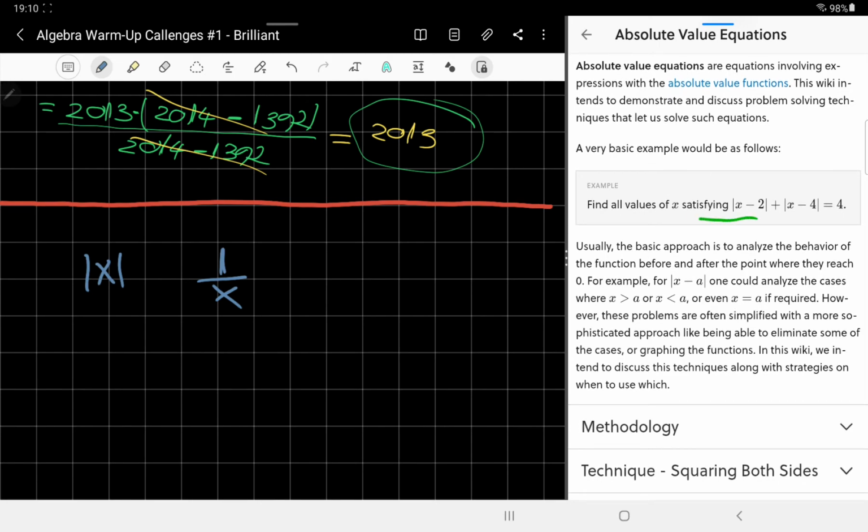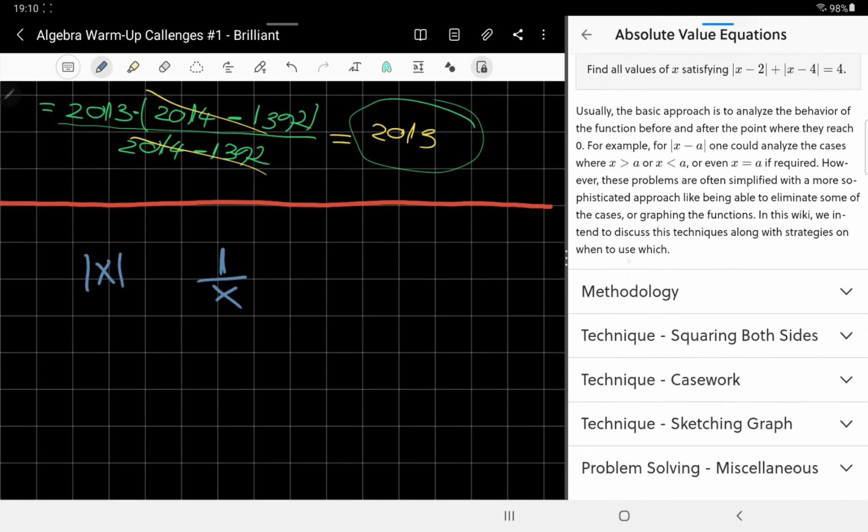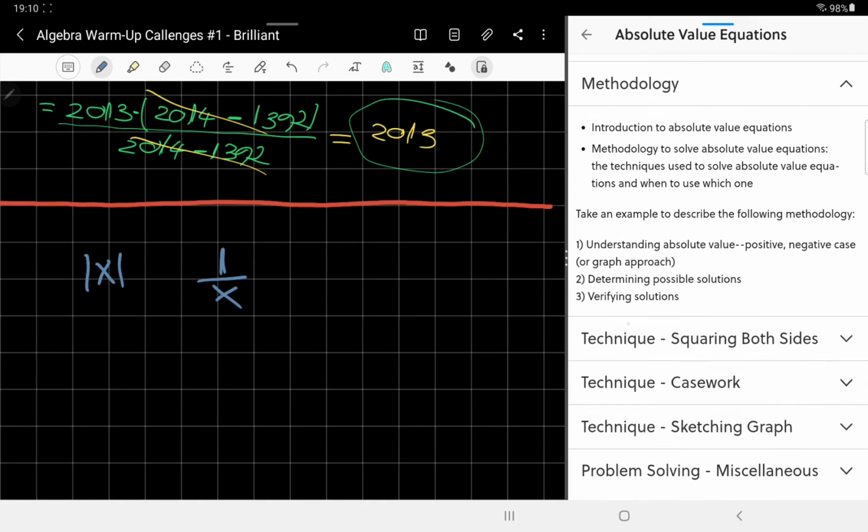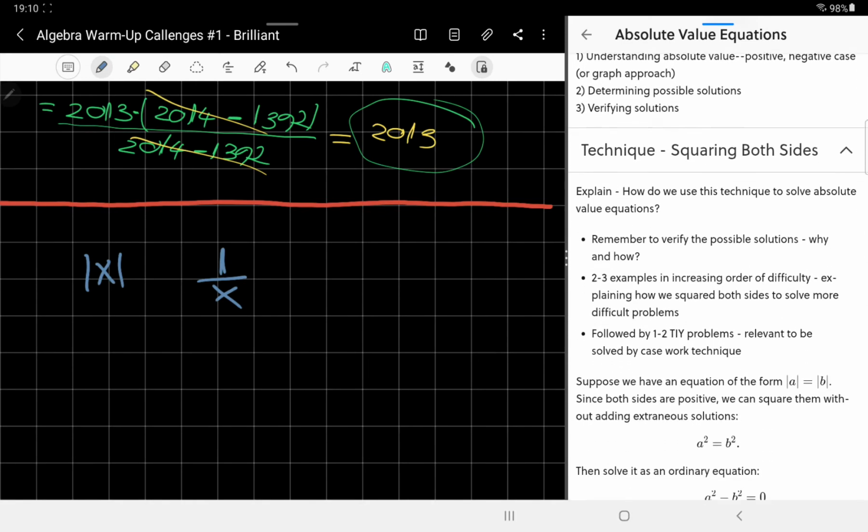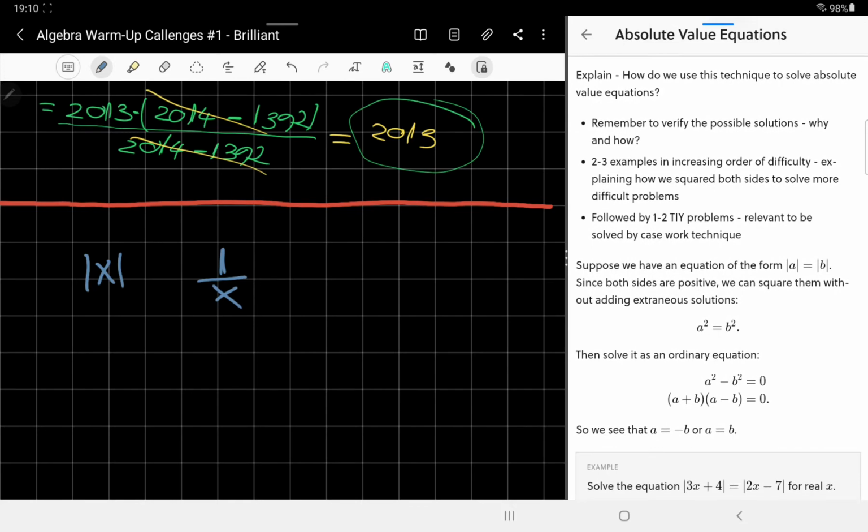So find all the values of x satisfying squaring both sides.